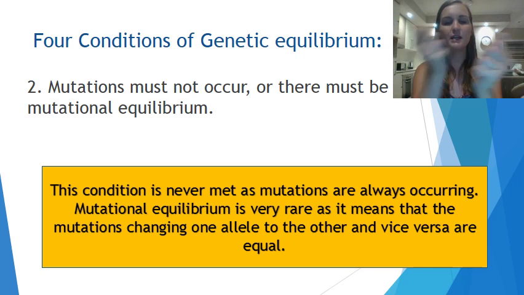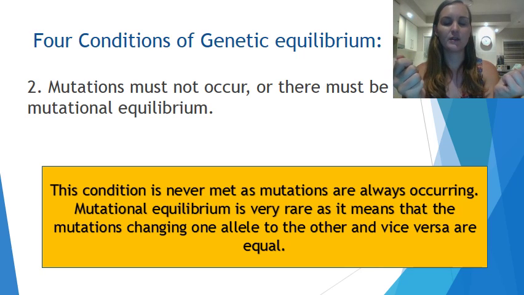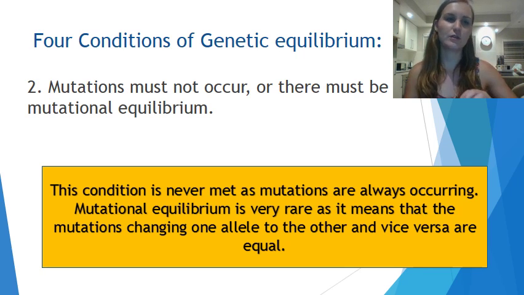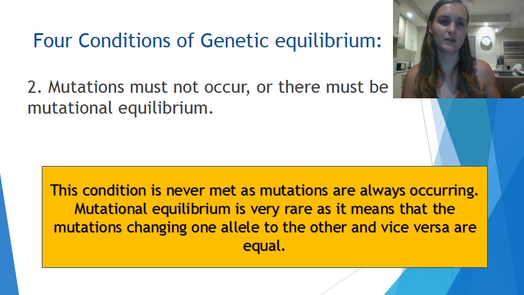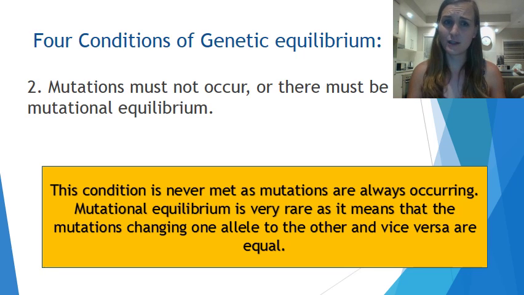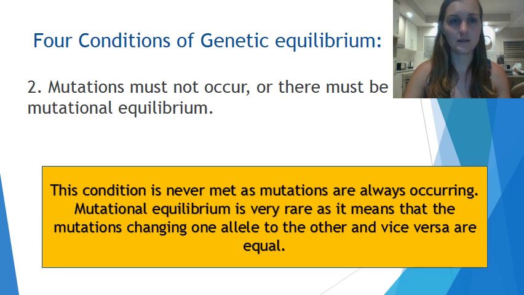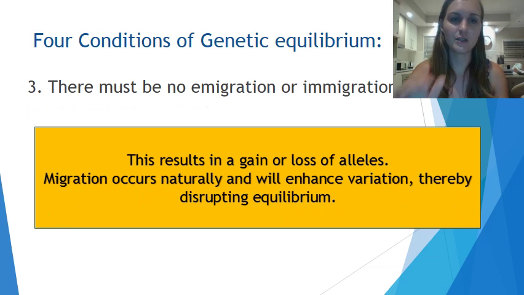So that they're mutating to each other equally. So again, you'll have a stable number of alleles, and this is very rare, and we know that mutations don't really work like this. Mutations will usually mutate to something different or change an allele. So this condition really isn't met in real life situations.